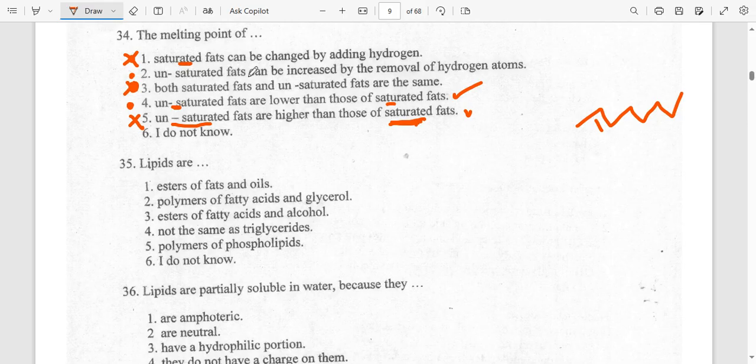Option 2, unsaturated fats can be increased by the removal of hydrogen atoms. If you remove hydrogen atoms from here, you can just make another bond, but that will not increase the unsaturated molecules or the unsaturated fats. You can make another double bond, but you are not increasing the unsaturated fats.